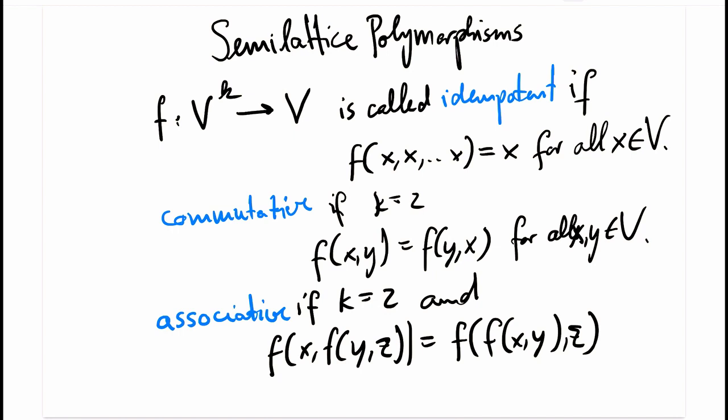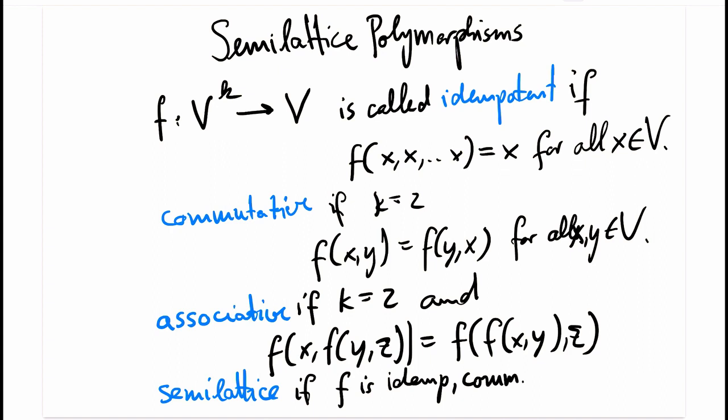If all of these three properties hold, then f is called a semilattice operation. So I want that f is idempotent, commutative, and associative.